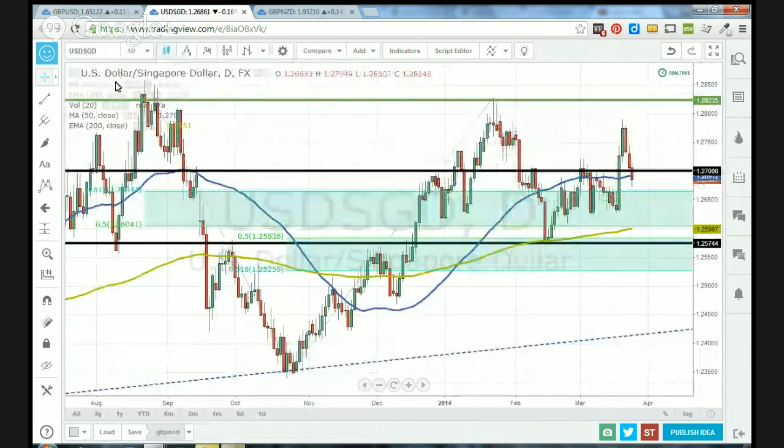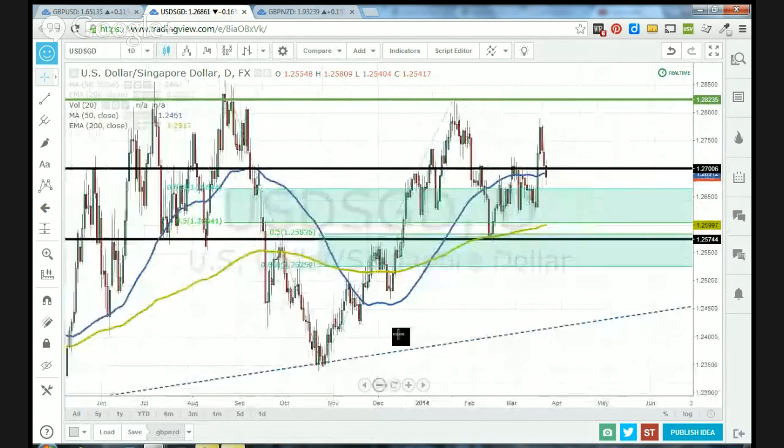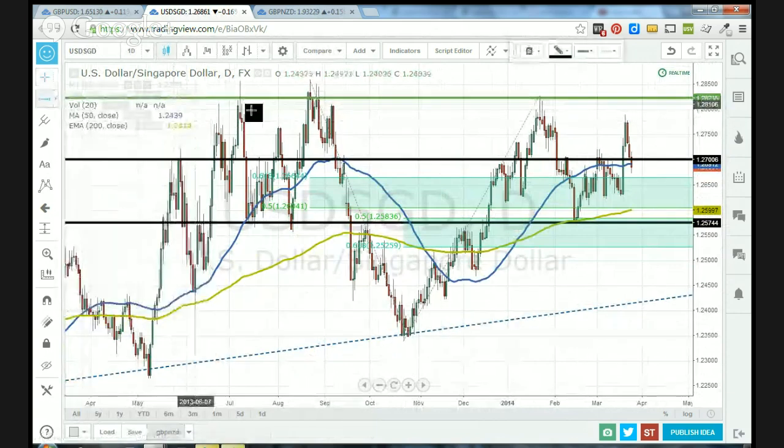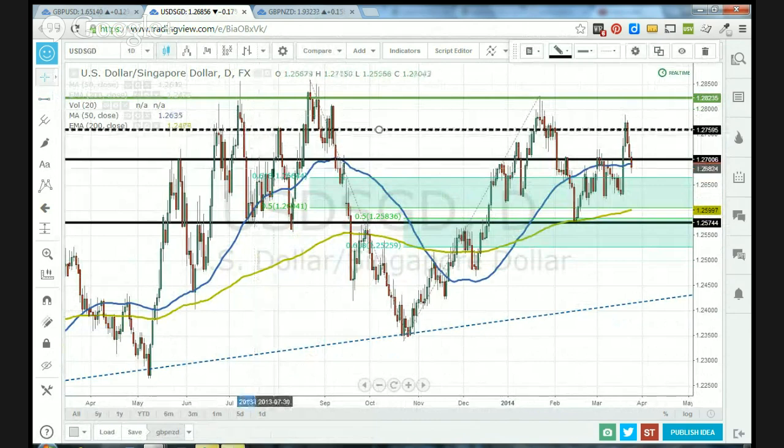Dollar Singapore. Okay. This has confused me of late. Let's add another horizontal line here. And let's add a trend line.